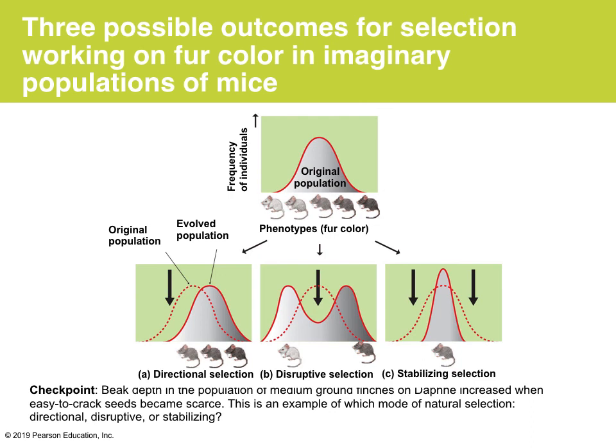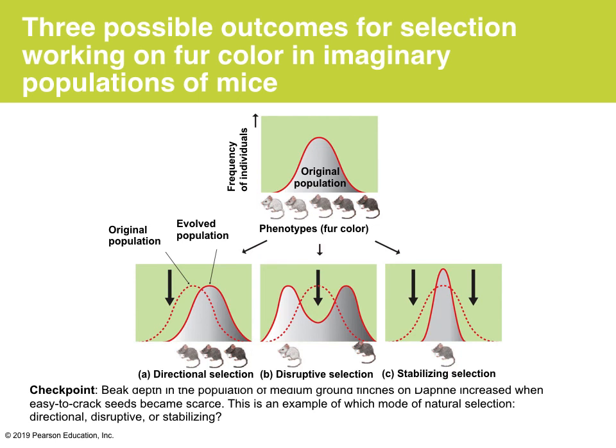If you look at the far left one, this would be directional selection where, let's say, the environment got relatively dark. Say dark-colored plants became predominant, so light-colored mice were more likely to be turned into food. So you see that whole curve shift to the dark end. That's directional selection, right? That curve is moving in one direction.